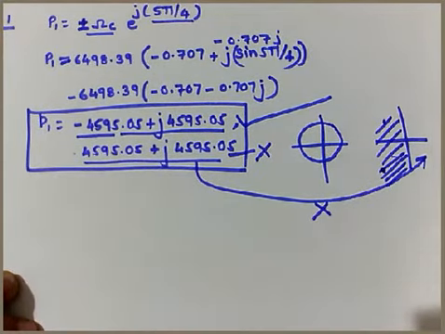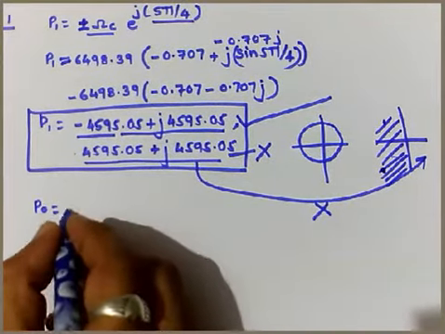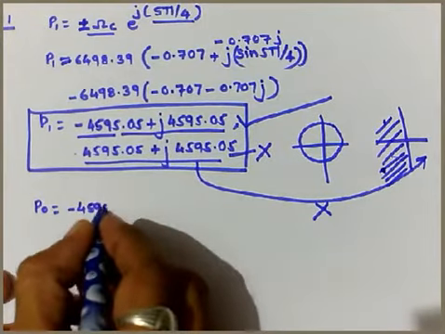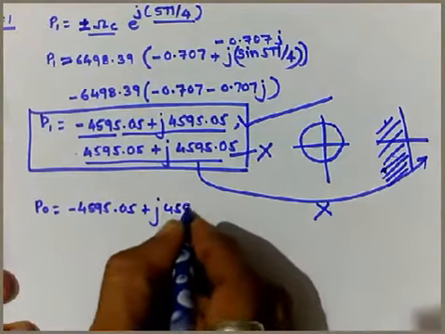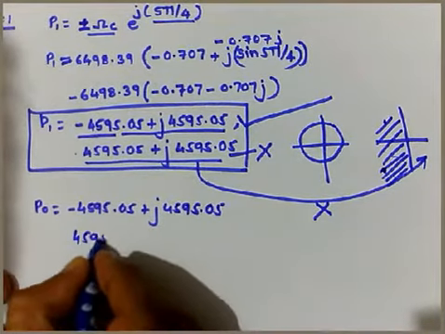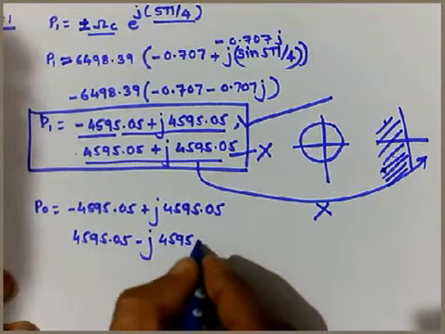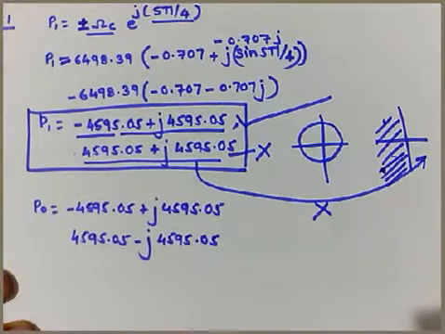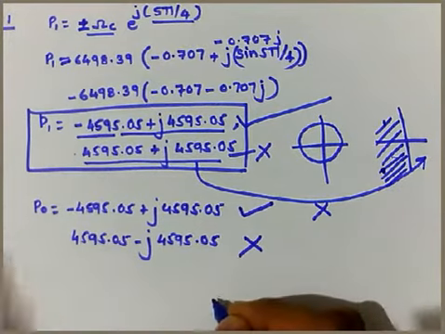Similarly, in the earlier case which we discussed for P0, the values which we got are this one, and the second value is nothing but 4595.05 minus j 4595.05. From this one also, the first is considered and the second is neglected. Why?